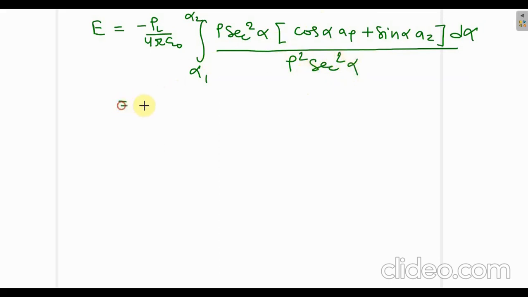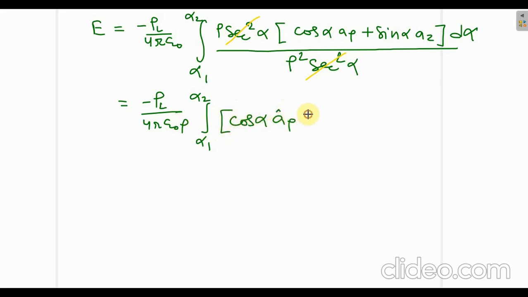Further solving, it will become rho L upon 4 pi epsilon 0, from alpha 1 to alpha 2, and this rho sec square alpha can be cancelled. One rho will be left, so that we can take it out. In the bracket it will be cos alpha a rho plus sin alpha a z, and here it is d alpha.